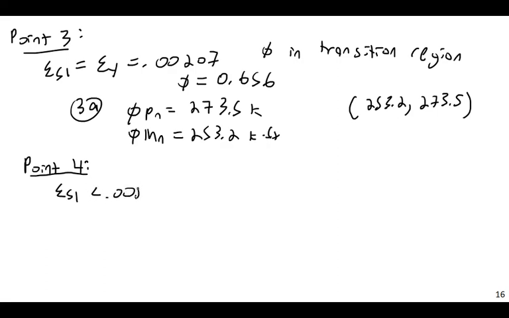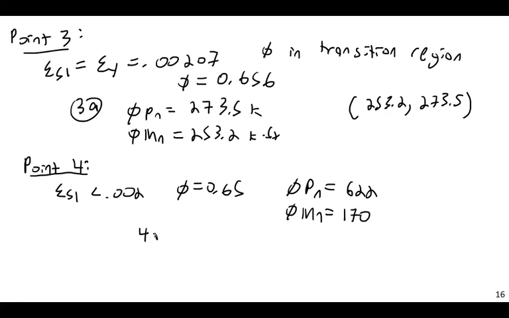So phi is just going to be equal to 0.65. And so if we multiply our previous capacities by 0.65, phi Pn is going to be 622, and phi Mn is going to be 170. So our point 4, basically our 4a, is going to be here.